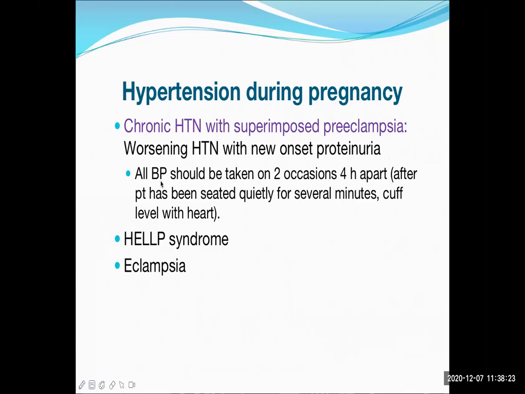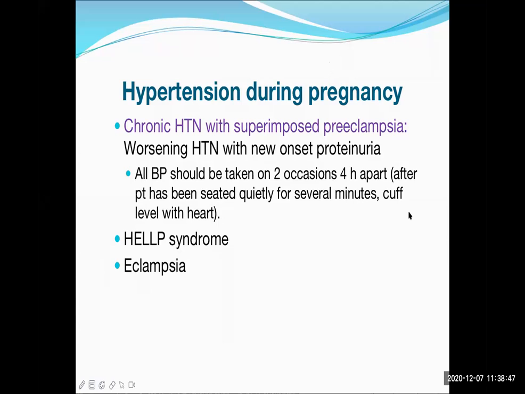All blood pressure should be taken on 2 occasions, 4 hours apart, after the patient has been seated quietly for several minutes, and the cuff should be at the level of the heart. Now, this is how we take blood pressure. I'm sure in internal medicine practical, you will learn how to take blood pressure, okay? And many of the students have already learned probably in physiology.